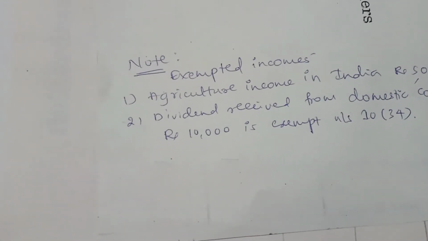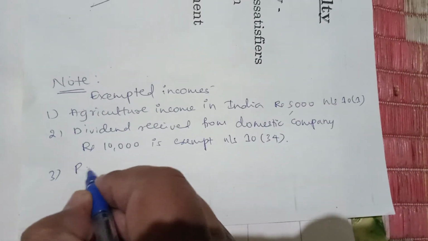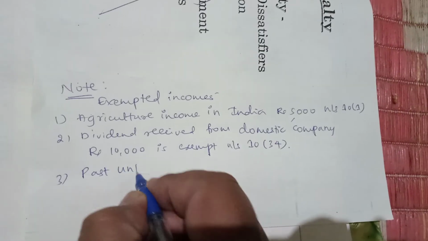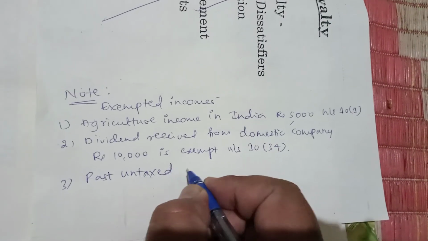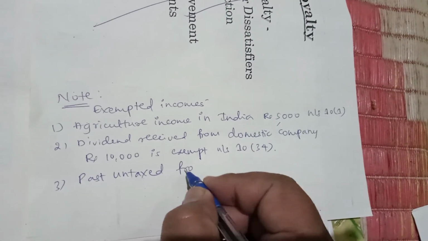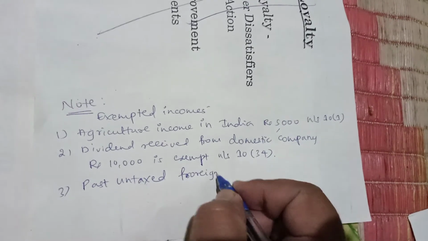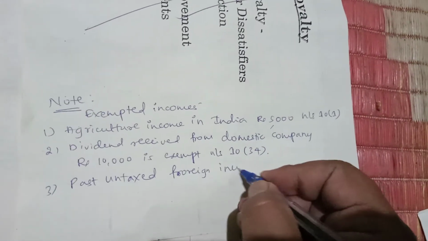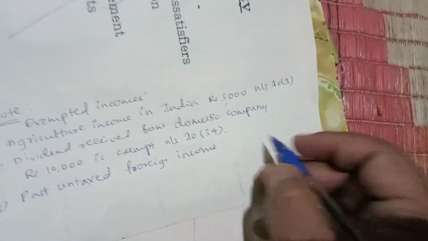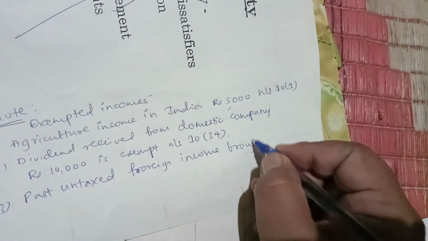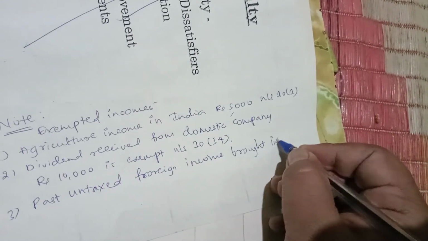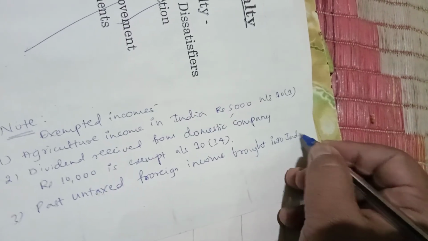What you are supposed to write: past untaxed foreign income brought into India. It is fully exempt.